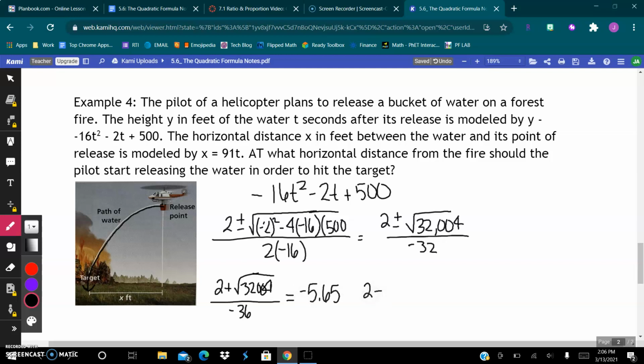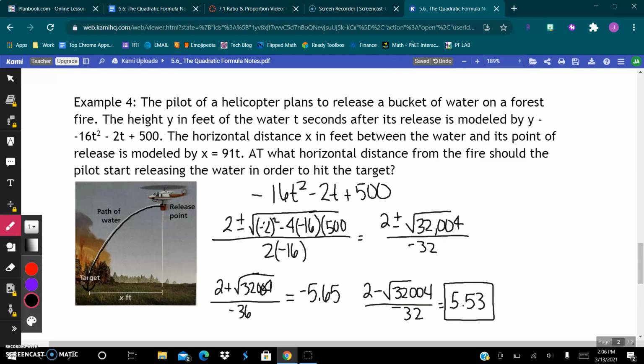And then when we do the negative square root of 32,004 divided by negative 32, I get 5.53. So our time can't be negative, so it would take 5.53 seconds for the water to hit the ground once it's released.